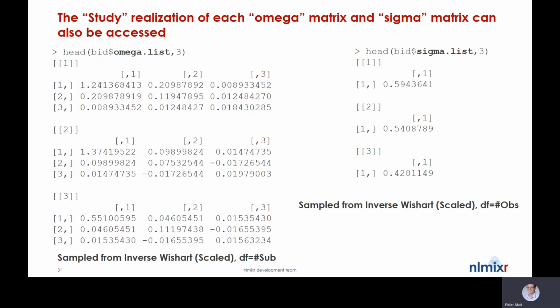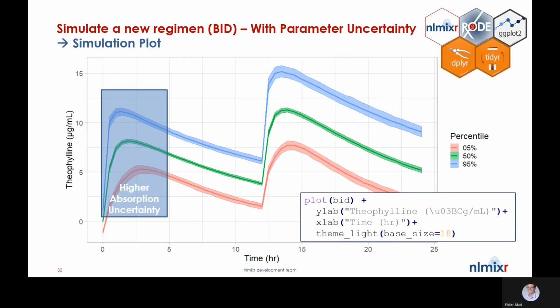And these are sampled from the inverse Wishart, where in this case, the degrees of freedom is the number of subjects for the omega piece, and the inverse Wishart, where the degrees of freedom is the number of observations for the sigma piece. As you simulate a new plot regimen, you can see with the same syntax, you get a similar sort of plot, but you see higher absorption uncertainty, which correlates to a higher degree of uncertainty in our parameter about this Ka piece.